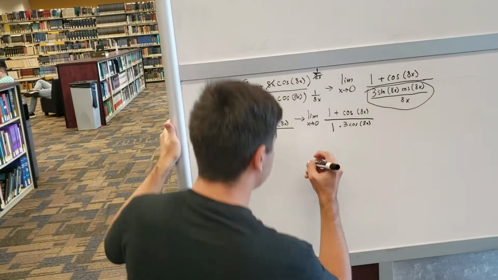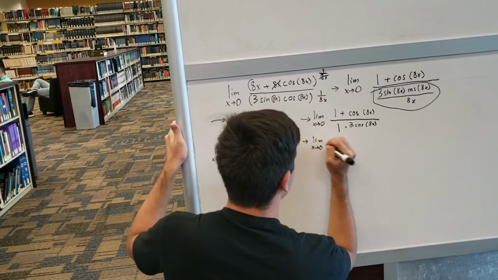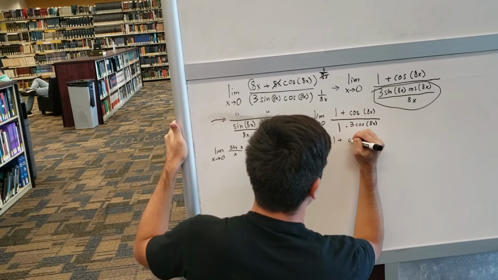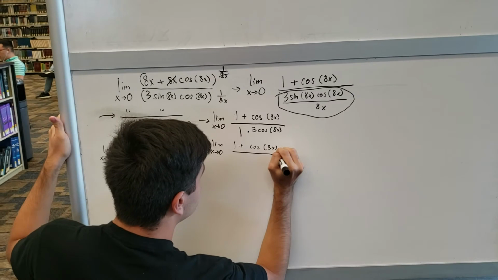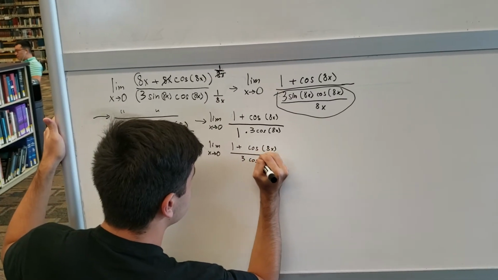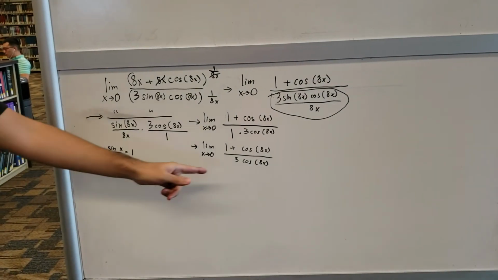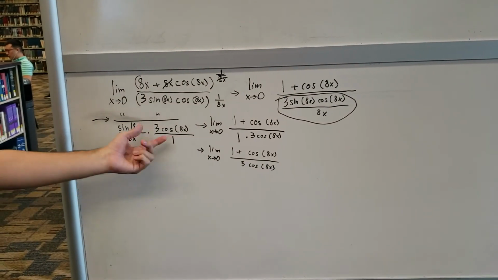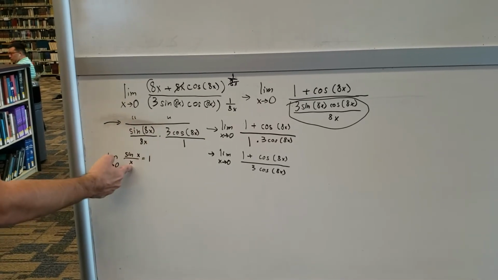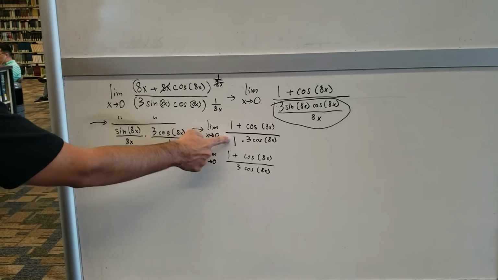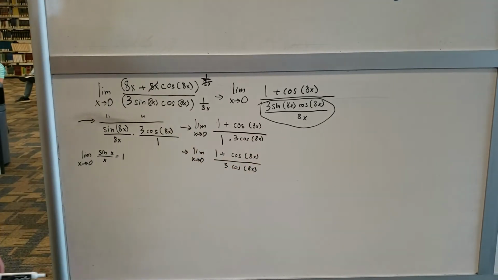And then we can just rewrite this as the limit as x approaches 0 of 1 plus cosine of 8x over 3 cosine of 8x. So notice how the sine went away. The sine went away because we split this up into 2 fractions. This fraction is literally the same thing as this, so that just turns into a 1 in this step. And now we're just left with this remaining.